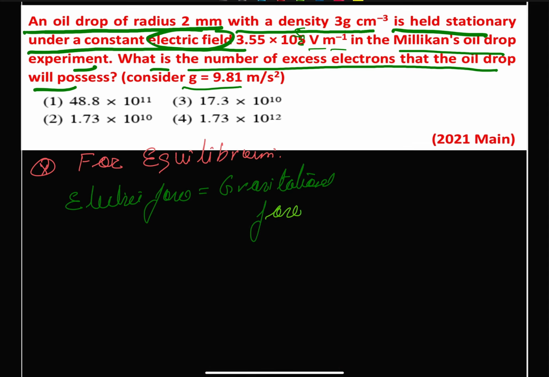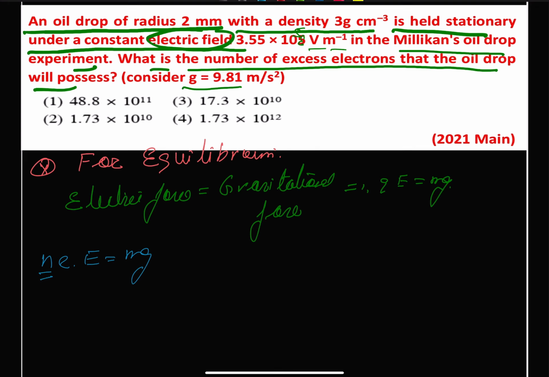So Q multiplied by electric field is equal to mg, where Q is our charge, and we can write this as n multiplied by the electron charge, n being the number of electrons. So we can write further n times e multiplied by electric field is equal to mg. We have to find the value of n.